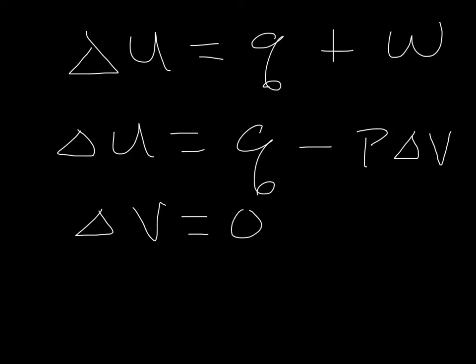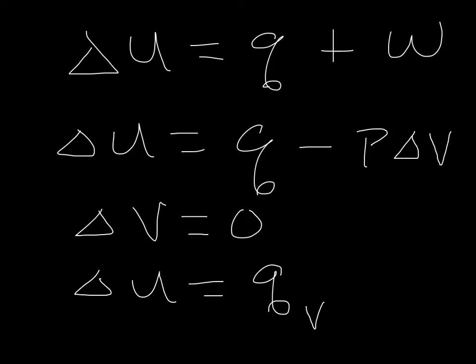In other words, what if we have a constant volume situation? Then we know that delta U now becomes equal to Q sub V, where Q is the heat and V stands for constant volume. So under constant volume conditions, delta U is equal to the amount of heat under the constant volume conditions.